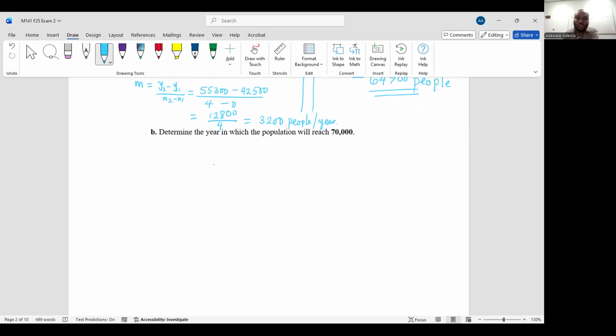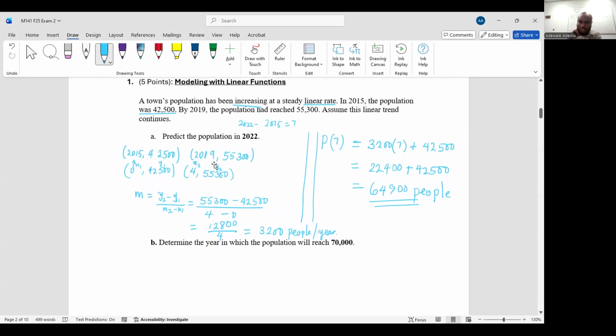Determine the year in which the population will reach 70,000. Now, if we look at what we have here, I did not talk about a linear equation that models that situation.